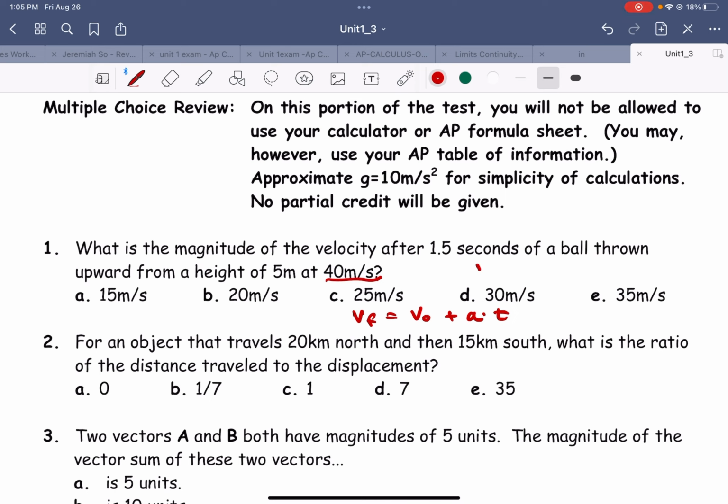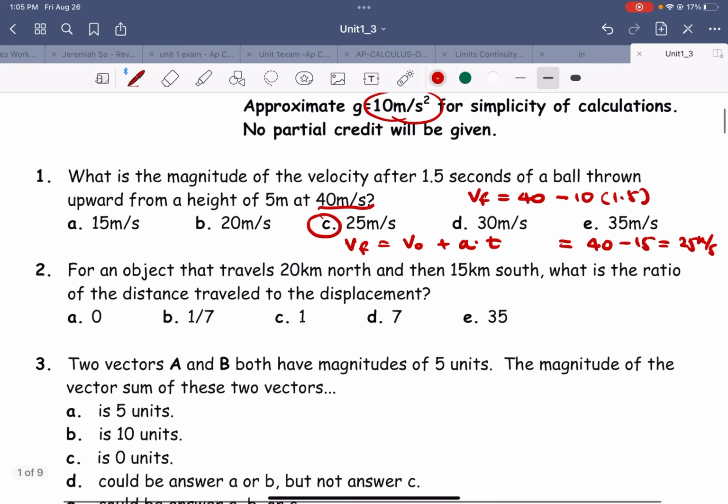Then you throw upward, so the acceleration here is gravity. I'm going to use 10, but negative, because gravity is going downward. Negative 10 times t, 1.5 seconds. So then 40 minus 15, so that's 25 meters per second. So answer C.